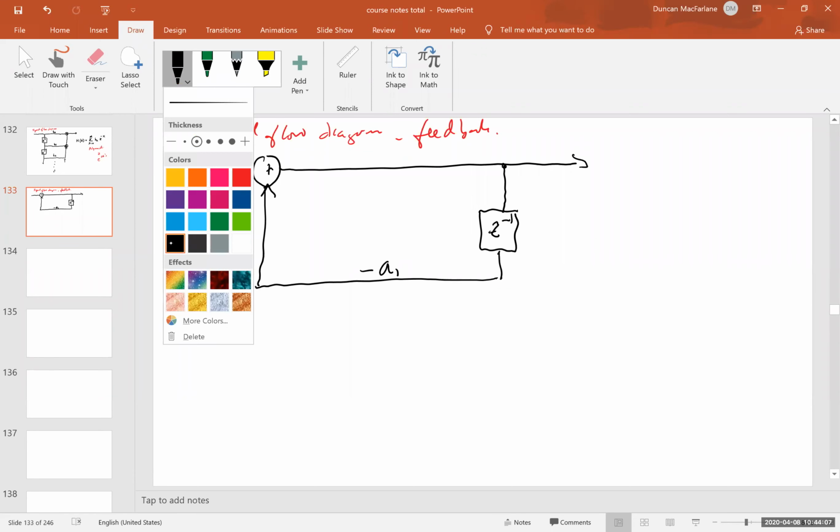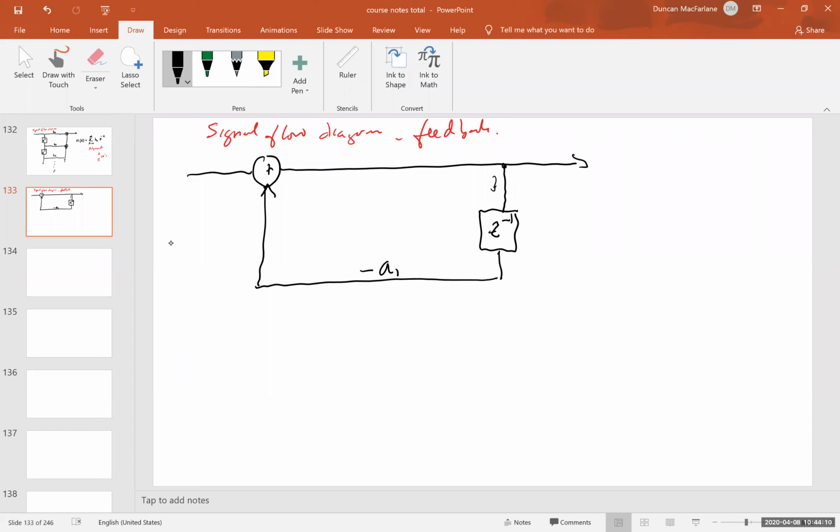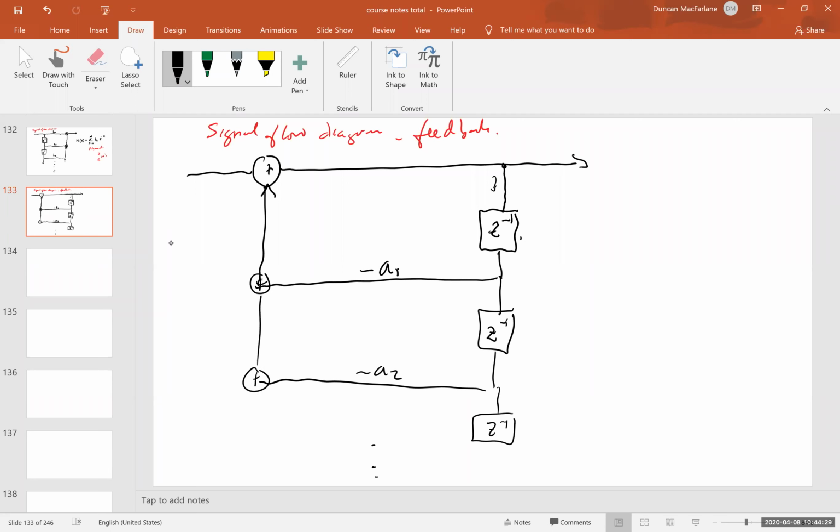Still a filter. It still splits the signal, delays it, weights it, puts it back together. And just like I did before, I don't have to stop with just one stage. I can have many stages. And in this case, I have an H of z.